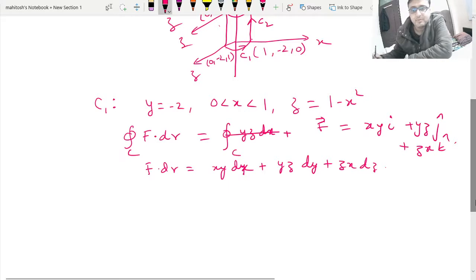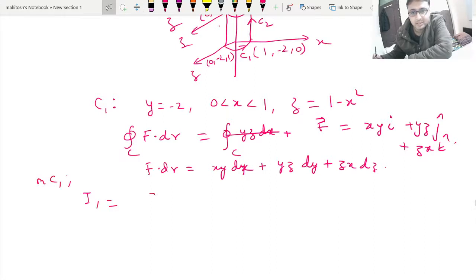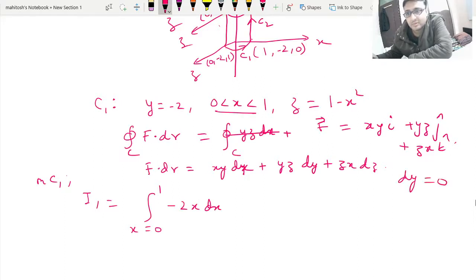For this part on C1, if I call this integral I1, then I can write this as the integral over x from 0 to 1. That's my variation. And this is minus 2x dx. Since y is minus 2, we can write dy as 0. Last is x times z, where z is 1 minus x square, and dz from here is minus 2x dx.